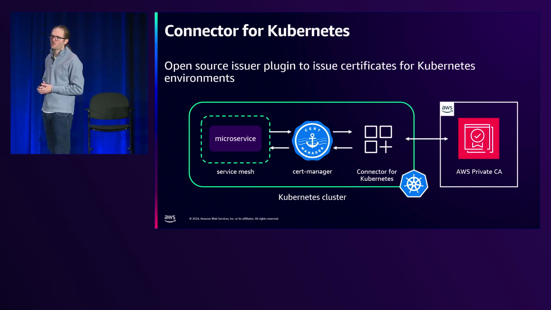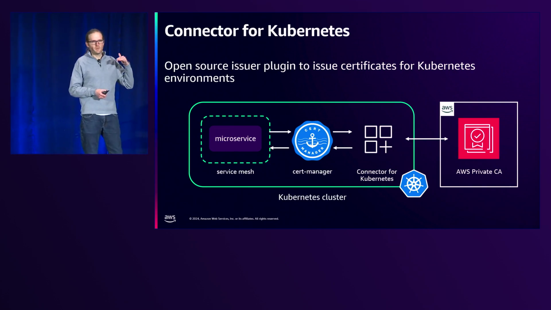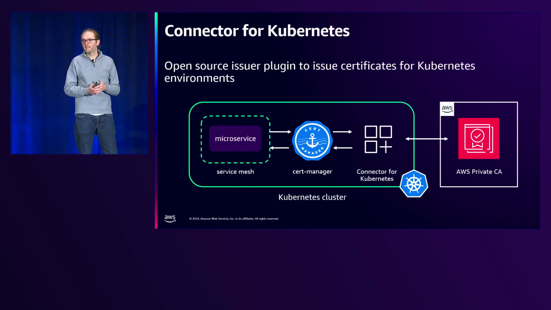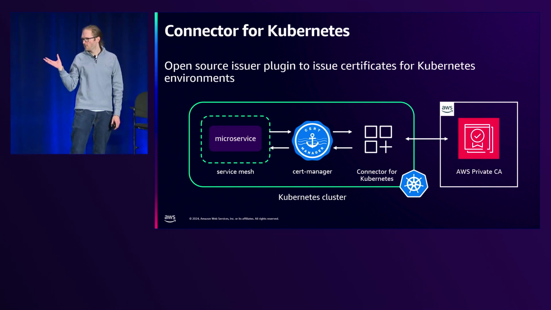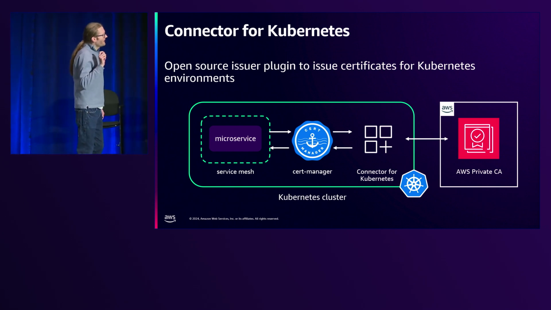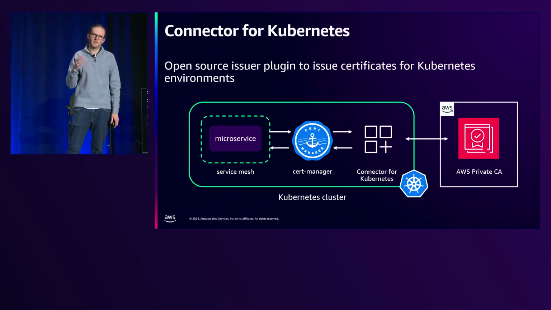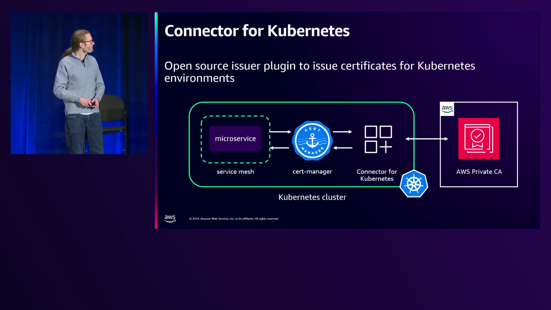And it has some nice features too that are really more of a Cert Manager thing, but it allows you to, for example, specify multiple CAs, so that if there's some type of outage or something's going on where you can't reach the API endpoint in US East 1, for example, you can tell it, hey, here's another CA in US East 2, or US West 2, like in Tony's example from their architecture. So you can use Cert Manager and this plugin to make it easier to get certificates to your Kubernetes clusters using private CA.